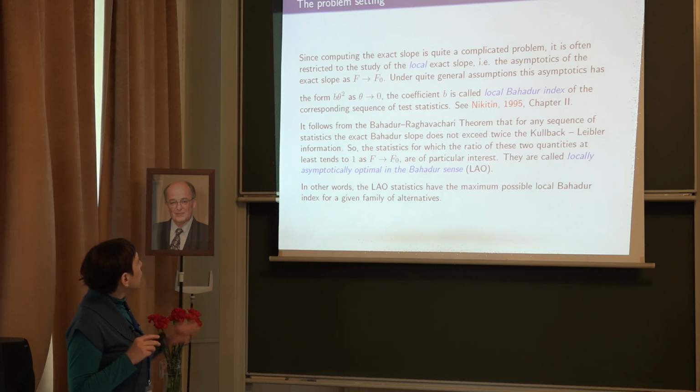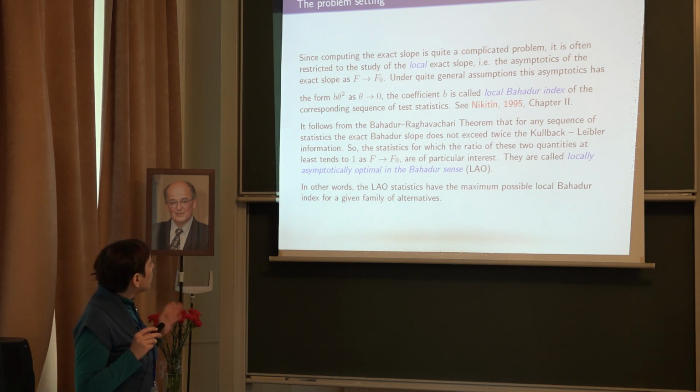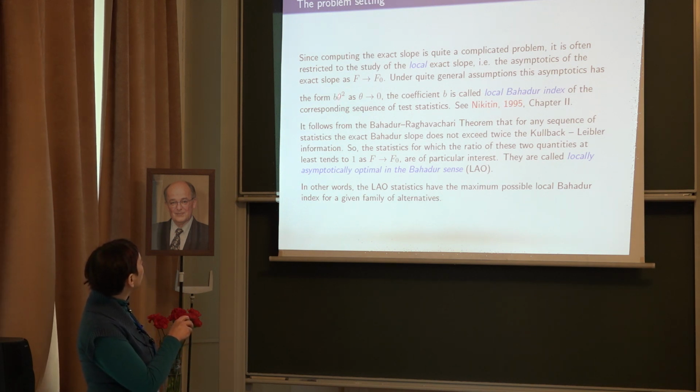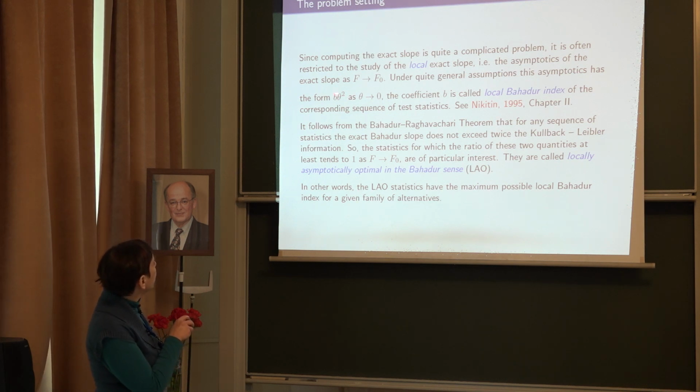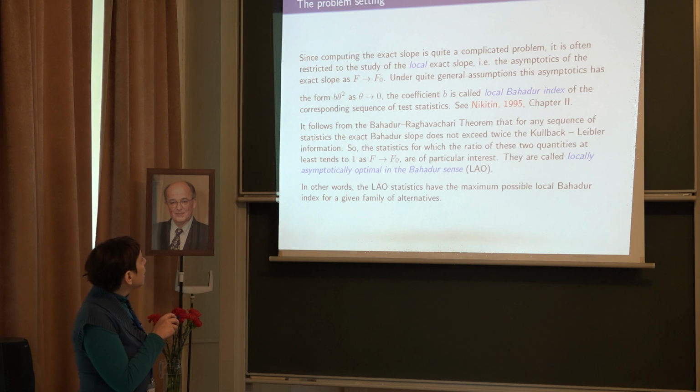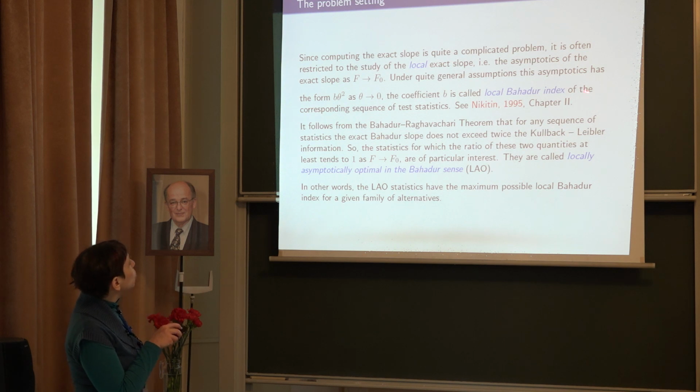And then we find the asymptotics of the form, as a local asymptotic, the square term as the first term is 0, so usually the term has the form of some b, which is called the local Bahadur index.